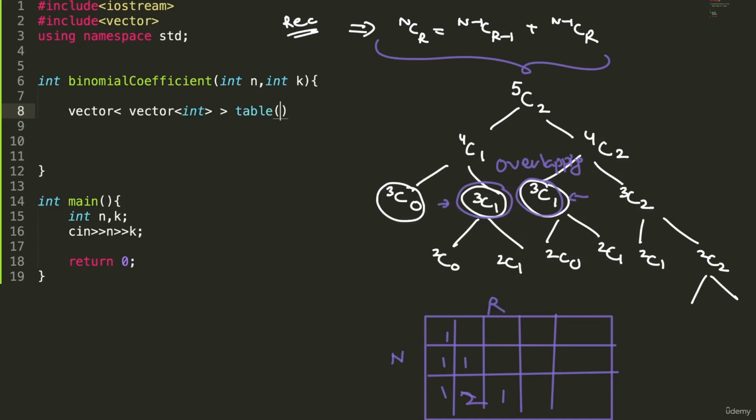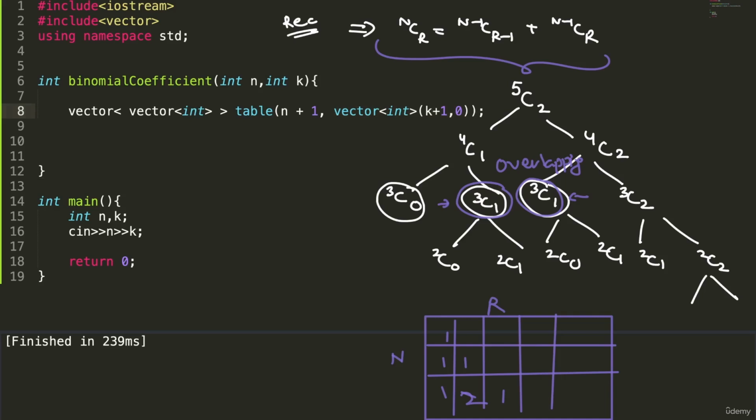So it is going to have, let's say, n plus 1 rows, and each row is a vector with k plus 1 columns, and the initial value is 0. Okay, that's what we do.